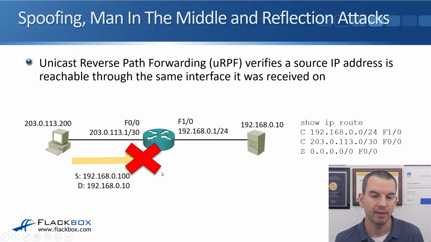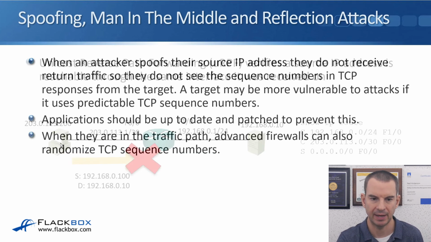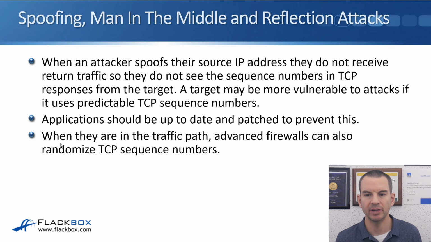Well, whenever return traffic was sent back to the IP address 192.168.0.100, obviously it's not going to get sent back to that host. So when it is sending in traffic with a spoofed source address, that traffic is going to be just one way. It's sending packets into the target. It knows that it's not going to get any return packets coming back. So it's not going to see the sequence numbers in return TCP packets.